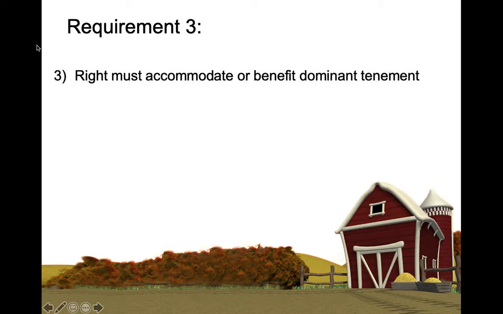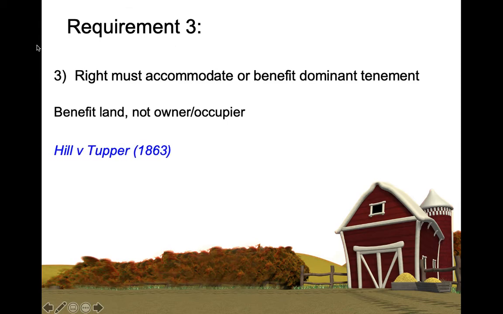And if it adds value to land, it's because people are able to do more with it, and it makes them happy, or they can play a sport or do a thing on it that comes with it. So that would naturally add value. So some of these cases can be hard to reconcile. The idea being that because it's a property interest, we're looking for it to benefit the land and not just simply the owner or occupier of that land.